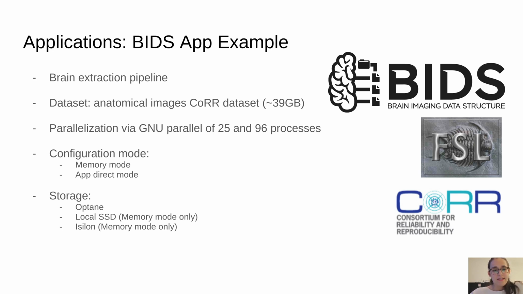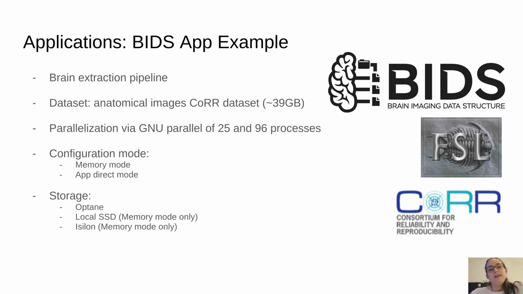As our data set, we took the entire Consortium for Reliability and Reproducibility data set, which is nearly 1 terabyte in size. However, the brain extraction pipeline only processes a subset of the data, which consists of the anatomical images, and that would have been approximately 39 gigabytes.